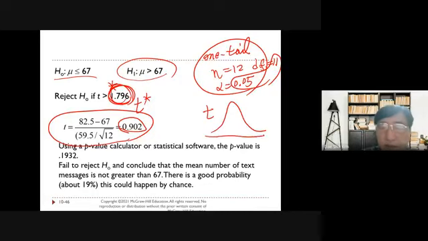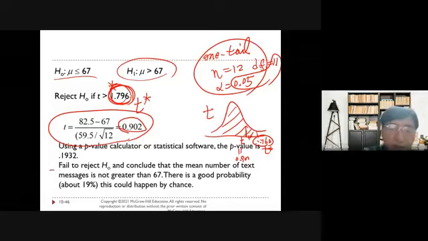This is the critical value, T star. Our calculated T is 0.902, which is inside, so this is the acceptance area. So we fail to reject H0.